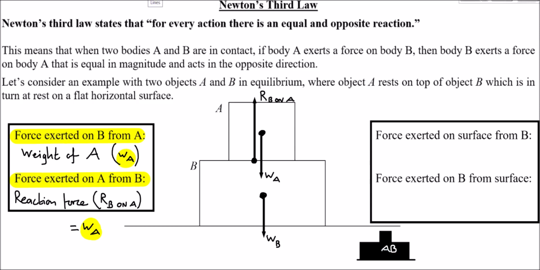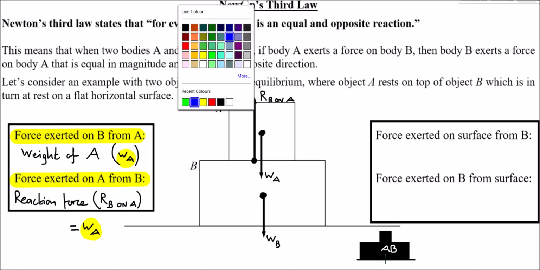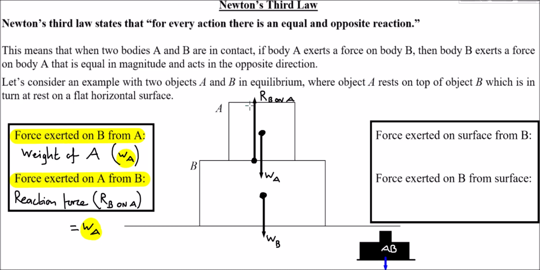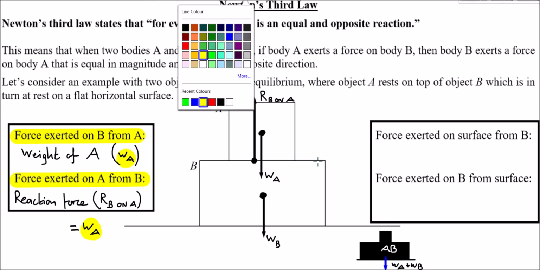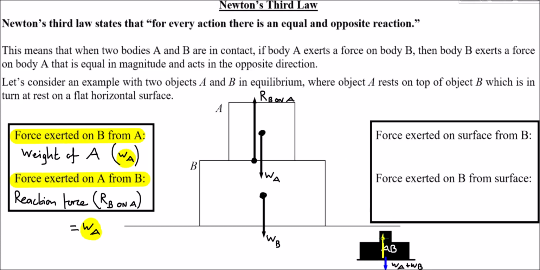So if you think about AB, what's going to happen with AB is it's going to have a force acting downwards, okay, and that's going to be the weight. That's going to be the weight of A plus B. In other words, it's going to be the weight of A plus the weight of B. But as well as that, there's going to be a reaction force, which will be equal and opposite going this way.